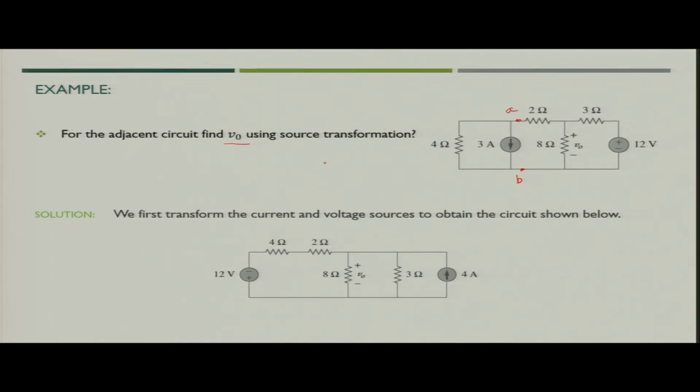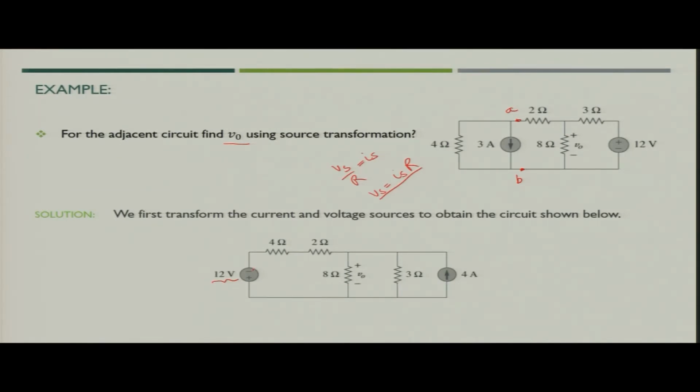So what we discussed, Vs upon R is equal to Is. So Vs is equal to Is into R. So what would be the value of Vs? Vs is equal to Is into R. So this will become 12 volt. Now you have got the value of voltage.